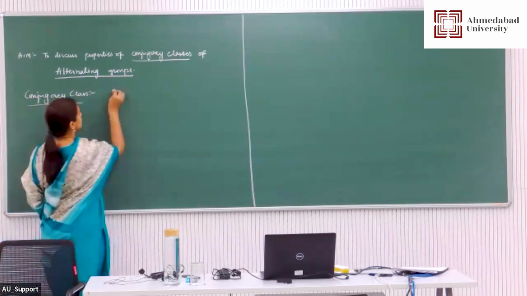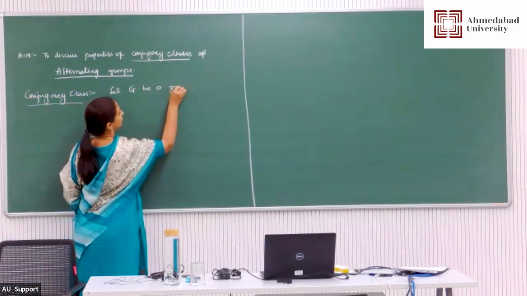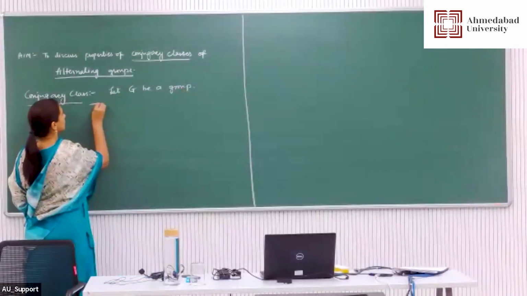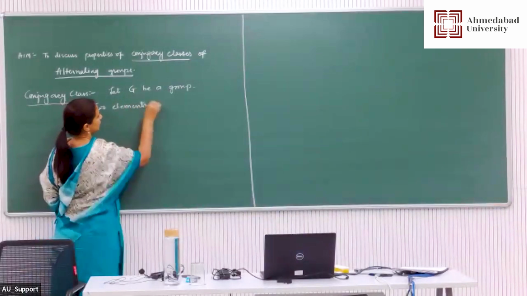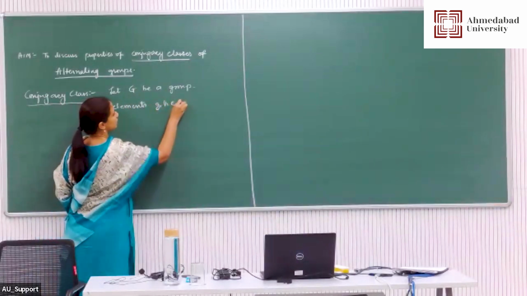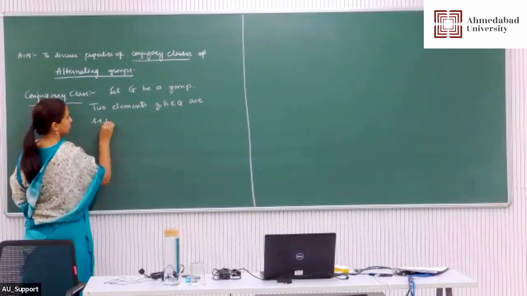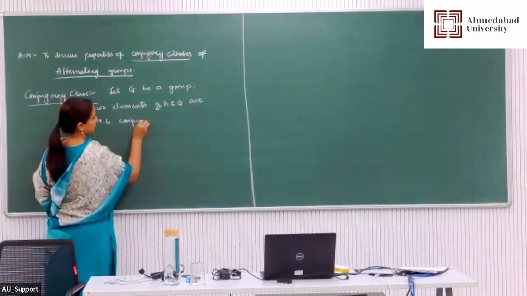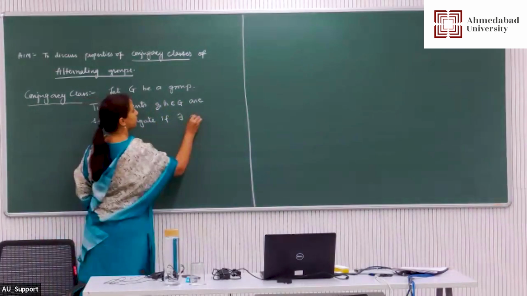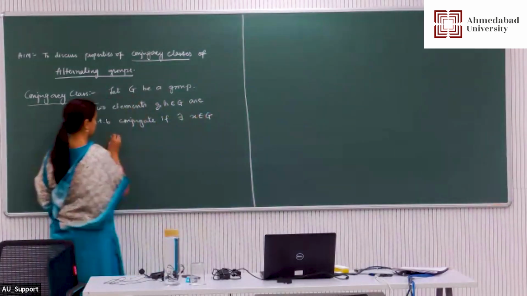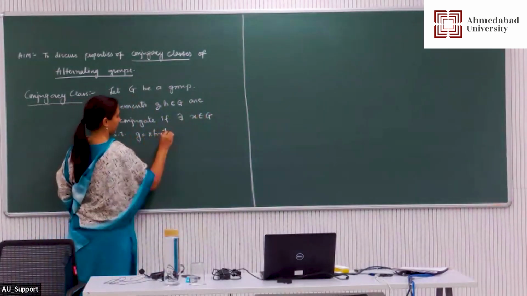Okay. So let G be a group. Then two elements g and h in G are said to be conjugate if there exists some x belonging to G such that this happens.